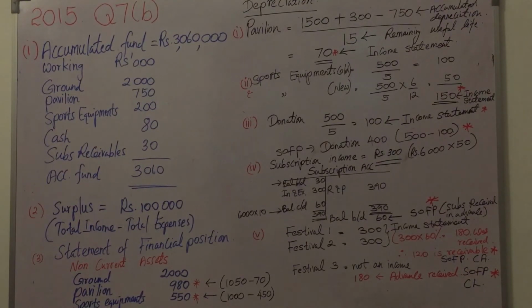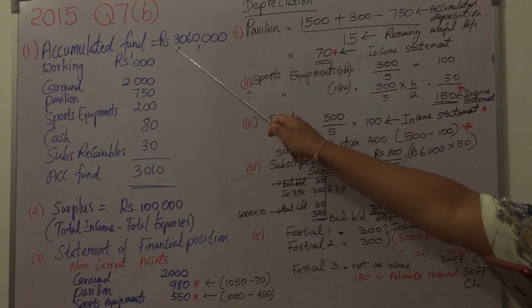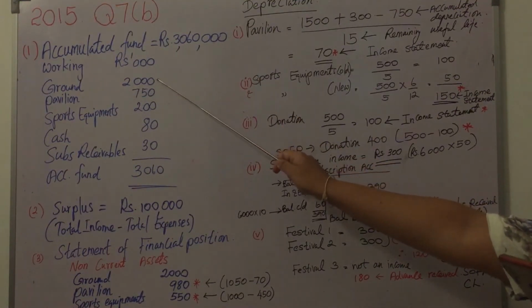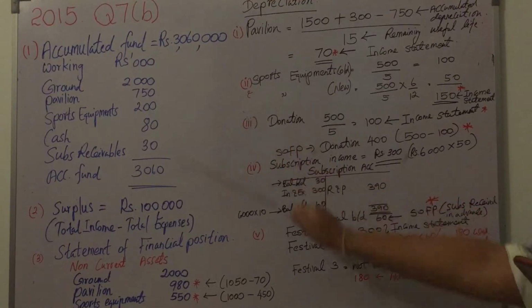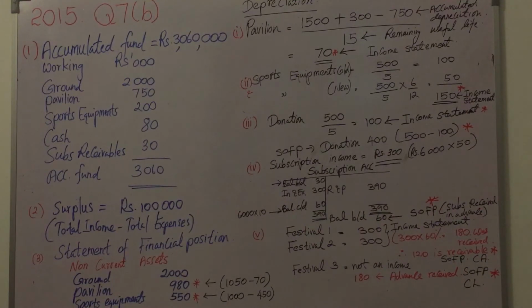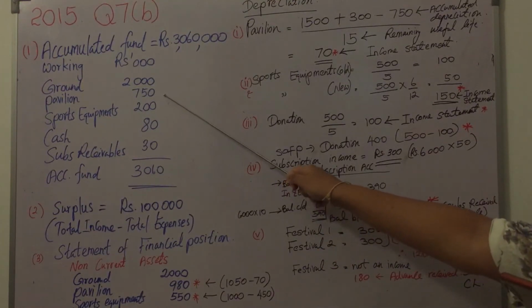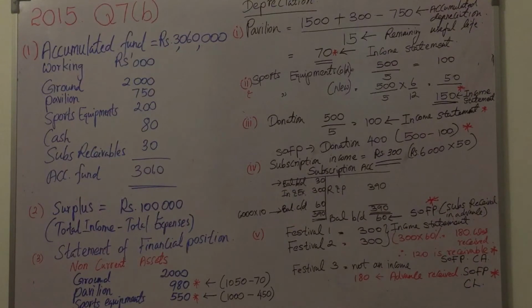Here the ground 2000 you can include to calculate the opening accumulated fund. Ground 2000, which is 2 million, and the pavilion cost is 1500. When you deduct the accumulated depreciation, you get the carrying value 750. Always, to calculate the accumulated fund, you need the carrying amount, not the cost, so the net book value.